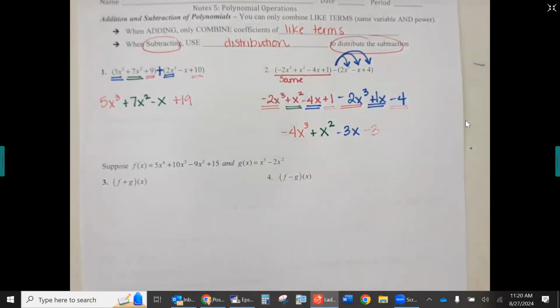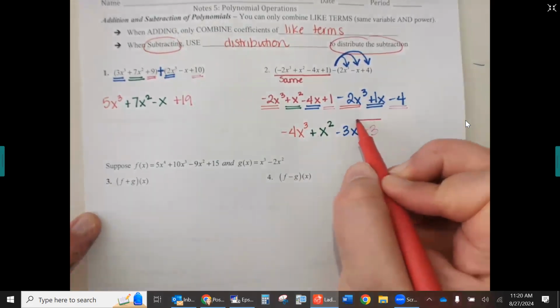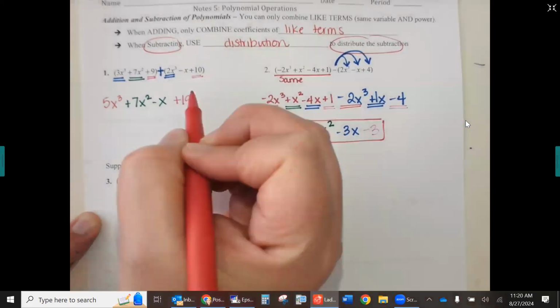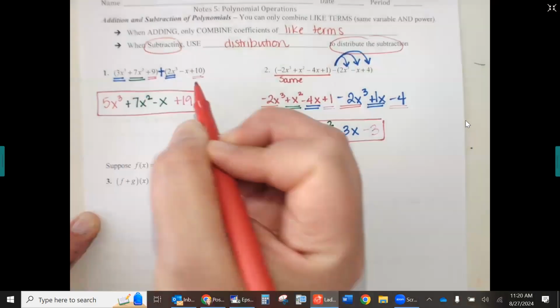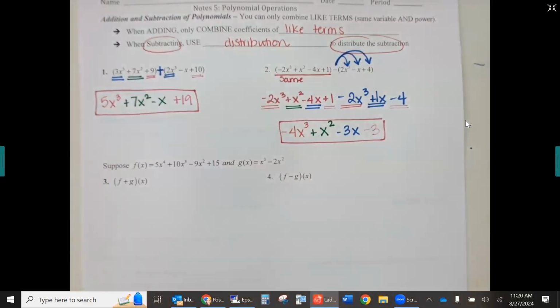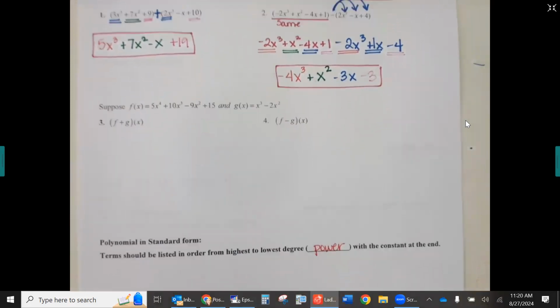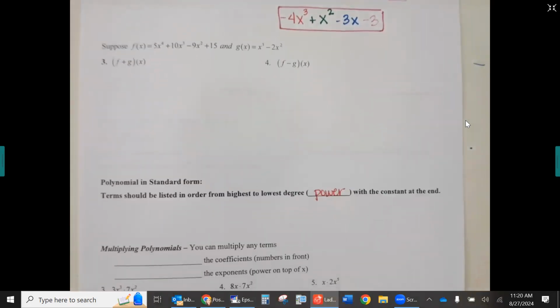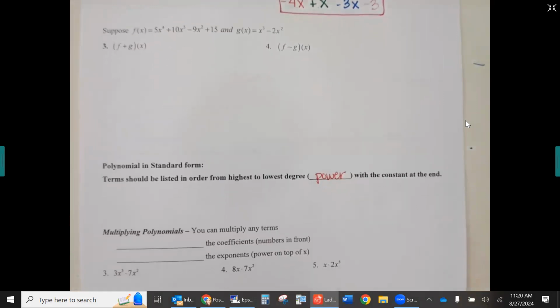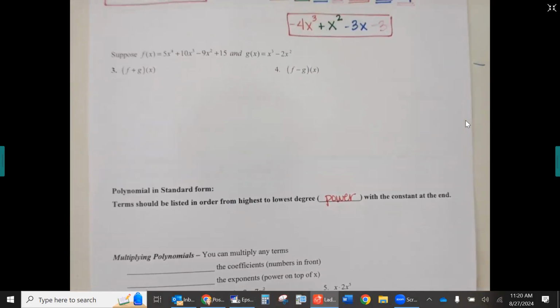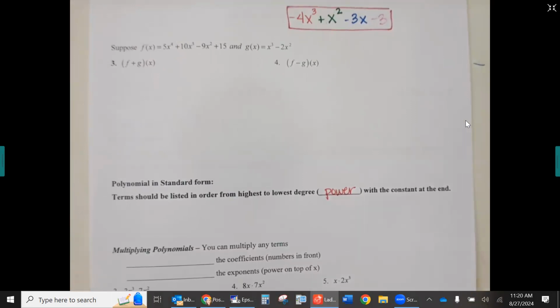So go grab one if you want one. Okay, so we all have calculators if we want, and let's go to the next example.